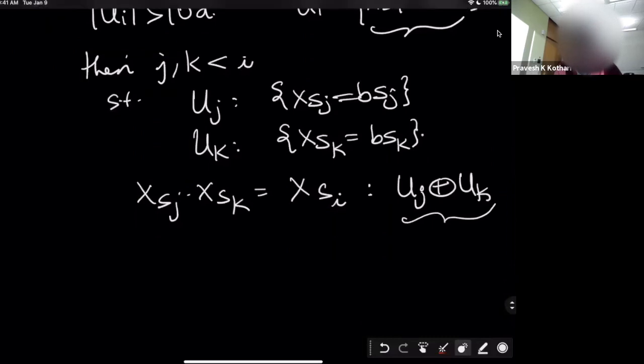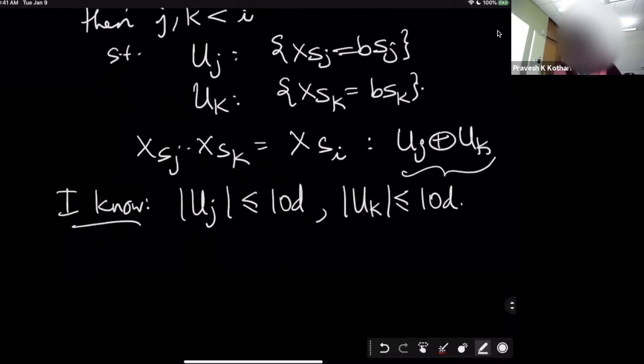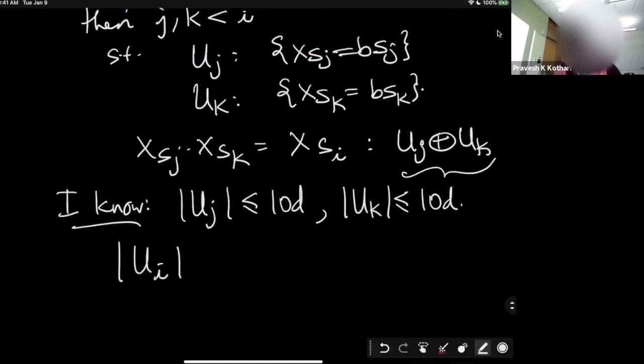I know that uj and uk were at most 10d, because ui is the smallest one which exceeds 10d in size. So uj is at most 10d and so is uk. Well, that means that ui is at most 20d.